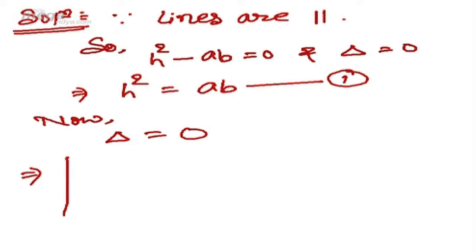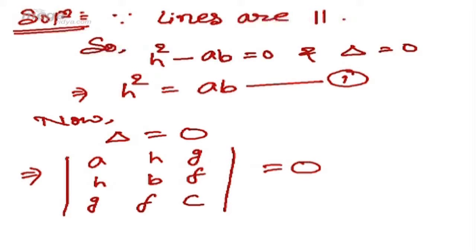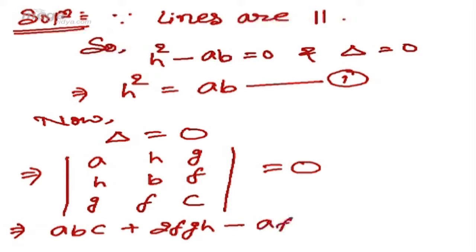So the determinant a, h, g, h, b, f, g, f, c is equal to 0. And now we will expand it. Then you will get abc plus 2fgh minus af square minus bg square minus ch square is equal to 0.